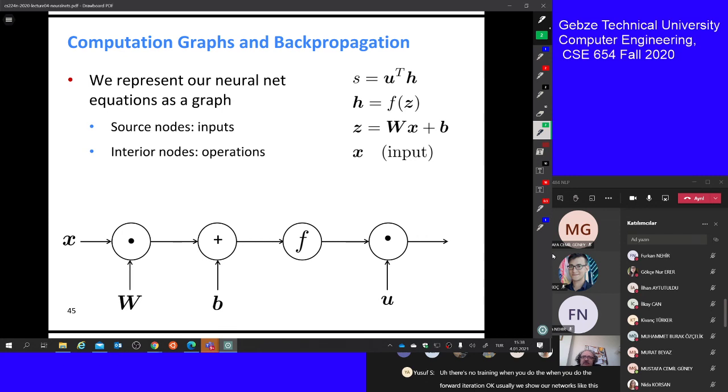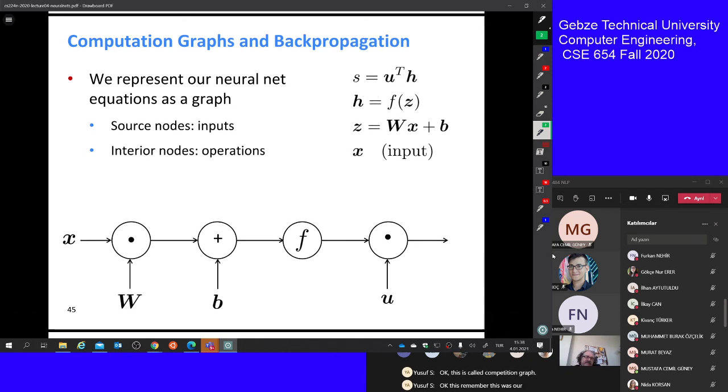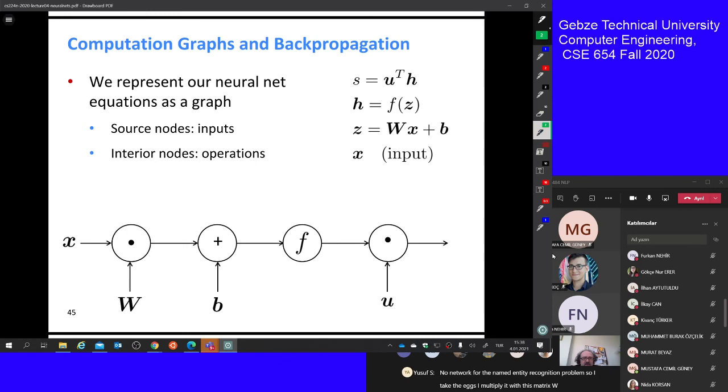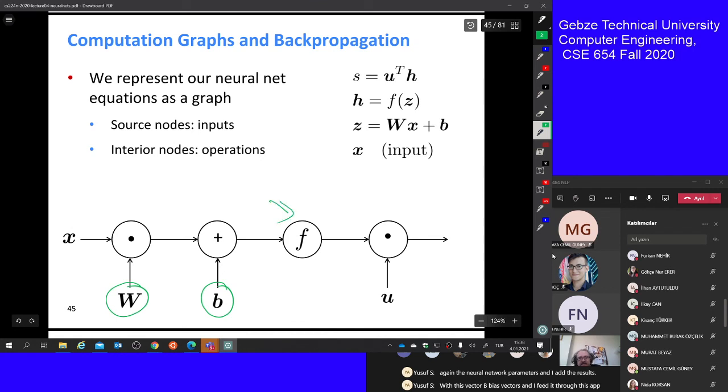This is called a computation graph. Remember, this was our neural network for the named entity recognition problem. I take the X, I multiply it with this matrix W, which holds the neural network parameters, and I add the result to this bias vector B, and I feed it through this F, the sigmoid function.